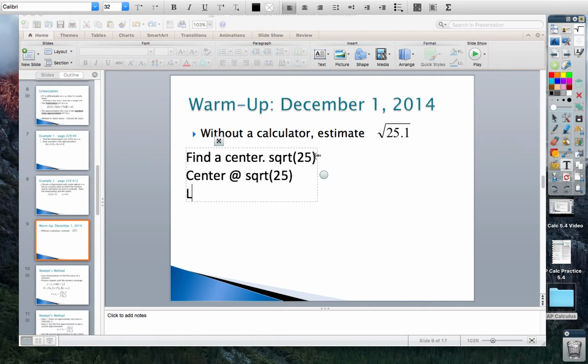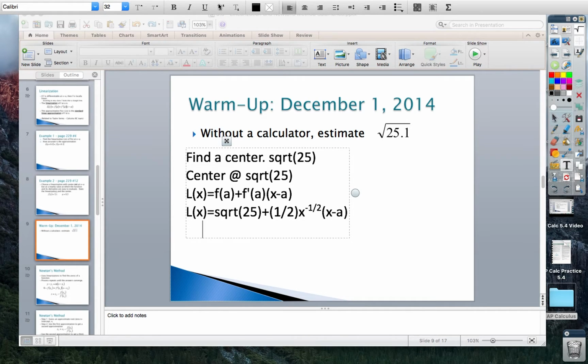Now we're going to go ahead and use the approximation formula for linearization. We get L of x equals f of a plus f prime of a times x minus a. We know that f prime of a, because our center is a, is the square root of 25 plus the derivative of square root of x, which turns out to be 1/2 x to the 1/2 power, times x minus a.